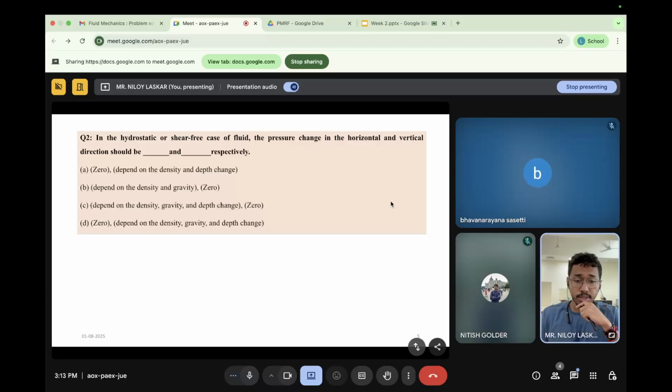So Mr. Nitish has answered option B. He is saying that in the horizontal direction it depends on density and gravity, whereas in the vertical direction it is zero.